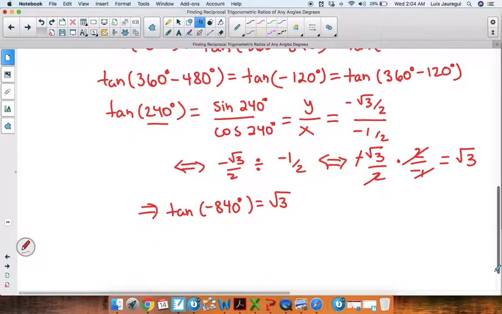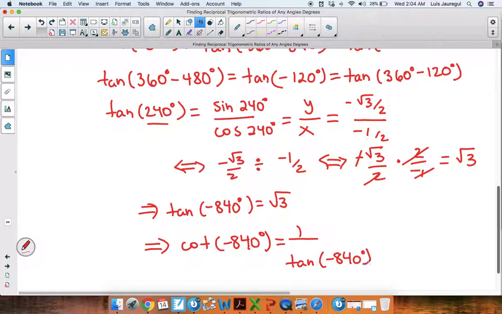However, our ultimate goal is to figure out what is cotangent of negative 840 degrees, which is 1 over tangent of negative 840 degrees. So this is 1 over square root of 3, but we don't want any square root in the denominator, so we need to rationalize it, and we do that by multiplying by 1 in the form square root of 3 over square root of 3.